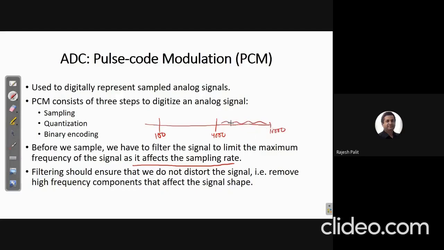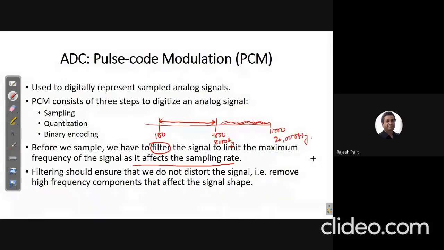So we should exclude that part and include the important part of the signal. If we filter it up to 4000, then we can sample the signal at 8000 hertz. If we consider the whole range, we need to sample at 20,000 hertz, right?